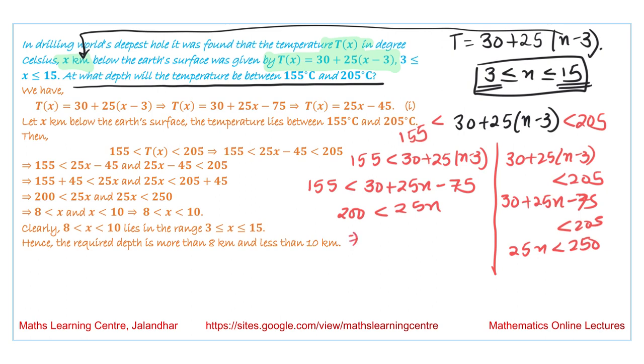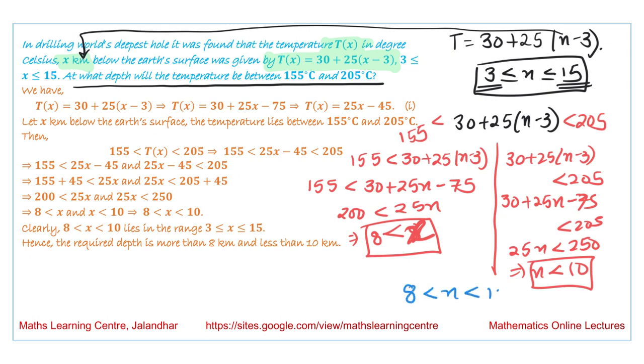On solving these, we obtain the value 8 is less than x, and x is less than 10. We are getting these two values over here. One is x is greater than 8 and second is x is less than 10. So the final answer we obtain is 8 is less than x is less than 10.